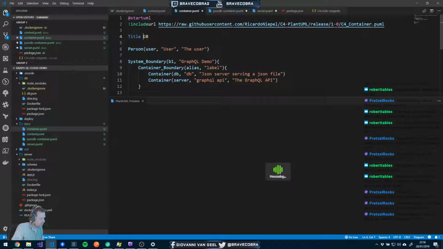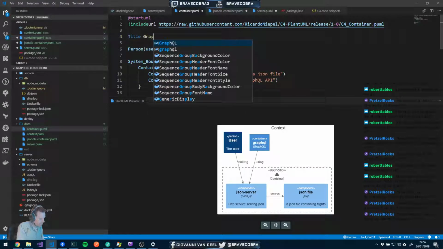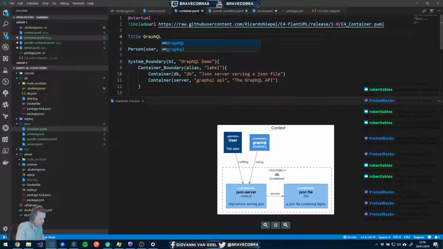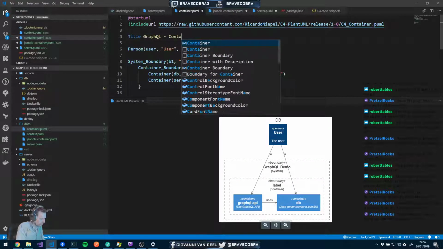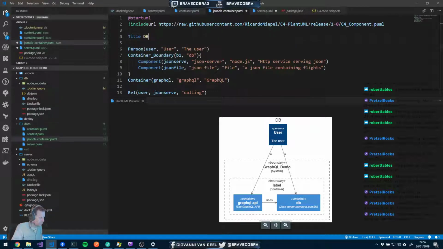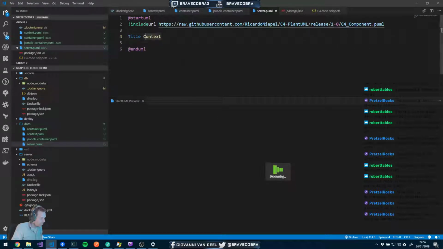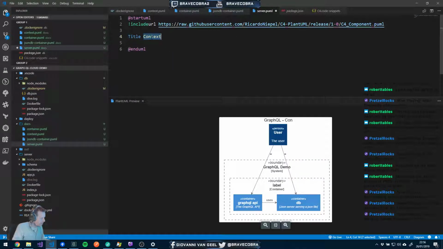Container, this is going to be the container level, so this can be the B, this is going to be the GraphQL at container level. Yep, and there we go. And this is going to be explaining the server.